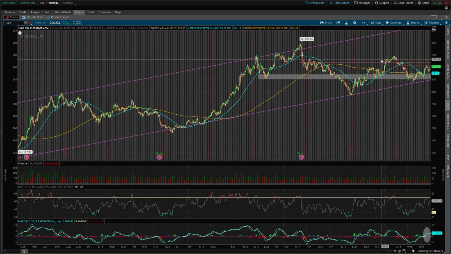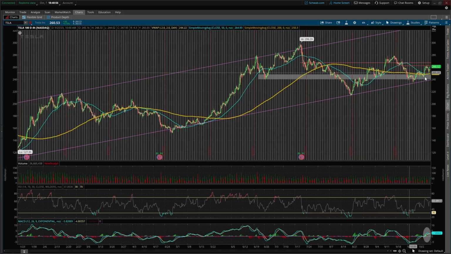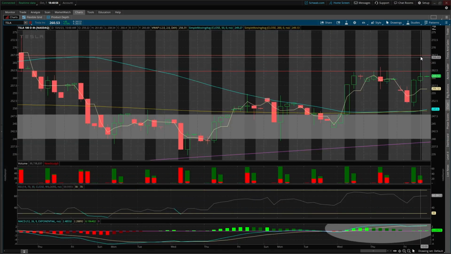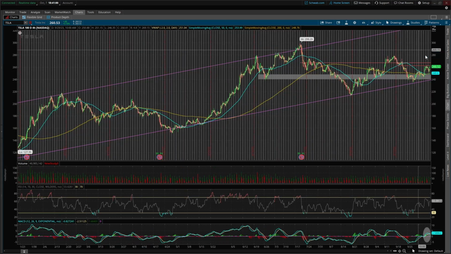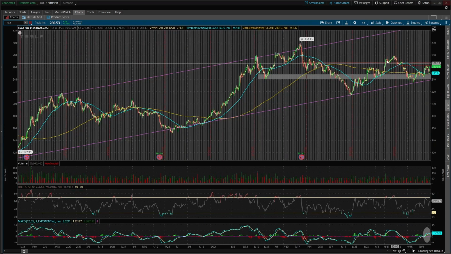So my plan for Tesla, if it succeeds to get past this level right here, I will be holding it long, and I'll be keeping an eye out for the 268 position, which is our next big price target. And if it does break past that, then I believe this stock has huge potential, the sky's the limit for Tesla right here.